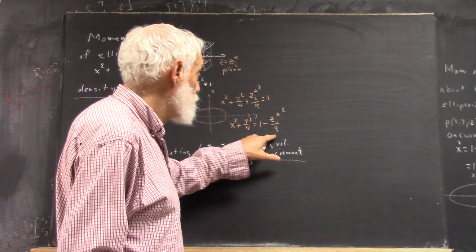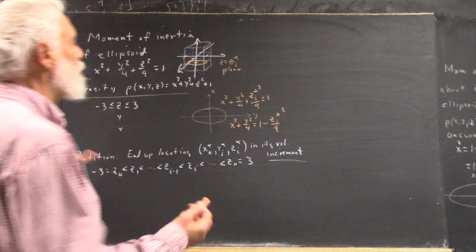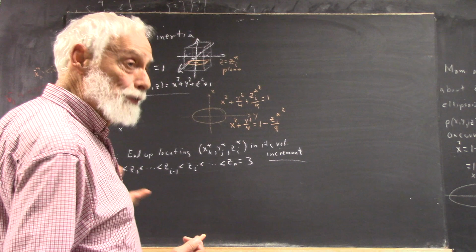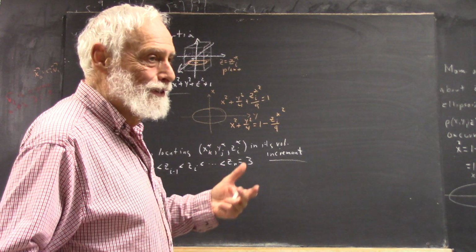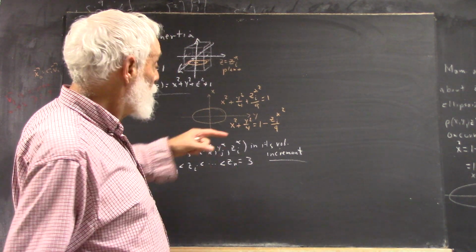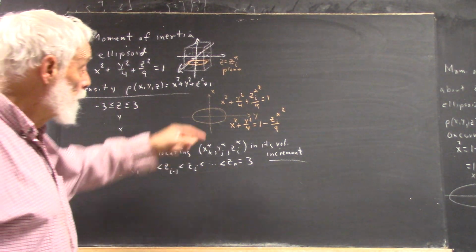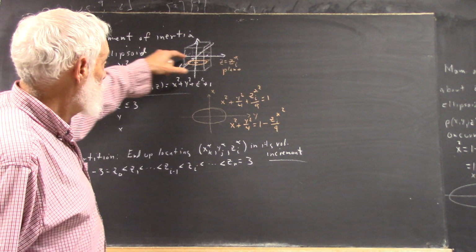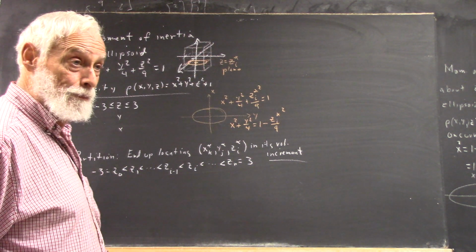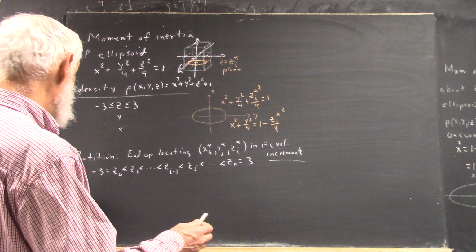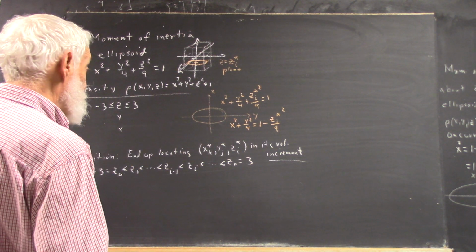Okay, so we have this and we say this is a smaller ellipse. We don't really need to know that in order to set up the inequalities. We don't need to know that this is smaller than the ellipse you get in the xy plane. But we should understand why.